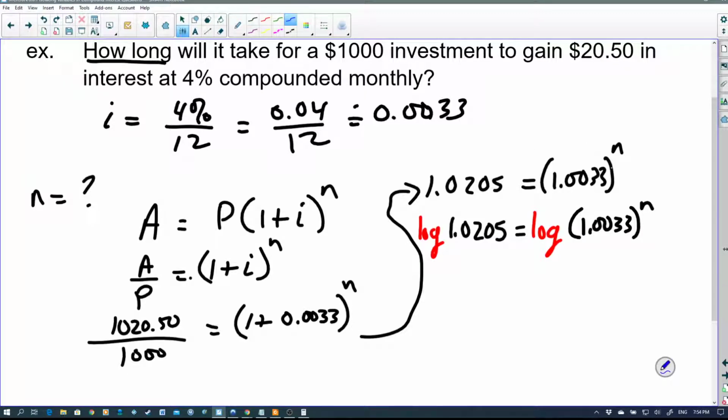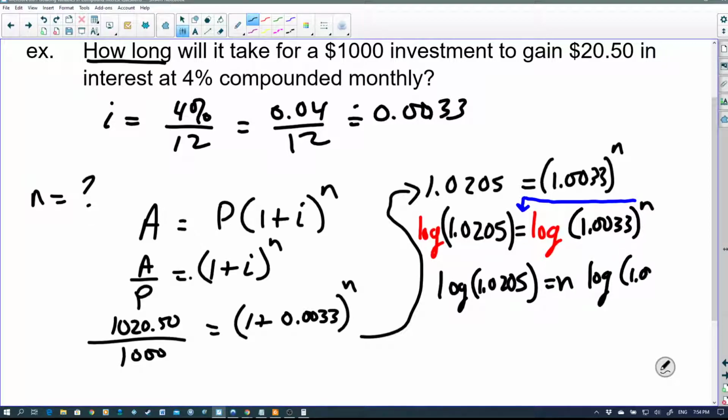And what that does, what I like to call the down in front rule, is it moves the exponent down in front of this equation. So we end up with log of 1.0205. Let me just put a bracket around here. Equals n times log of 1.0033.